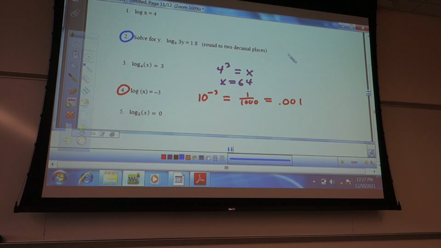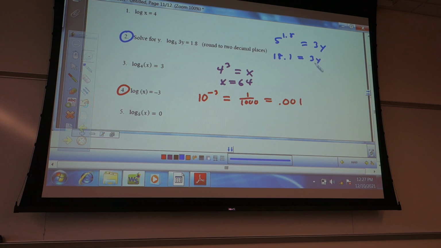We have our base, we have our exponent, we have our answer. So 5 raised to the 1.8 is what? Natalia? 18.11. Okay, equals 3y.